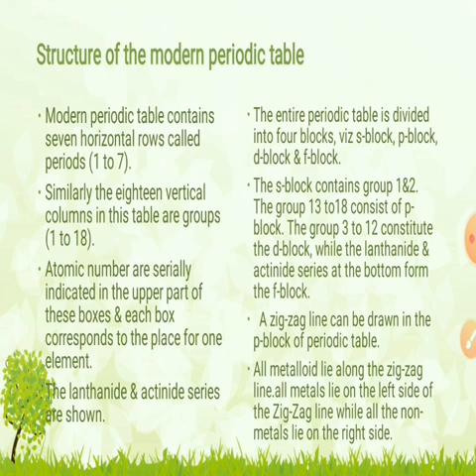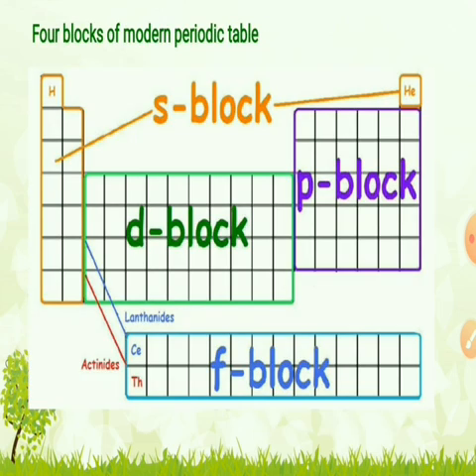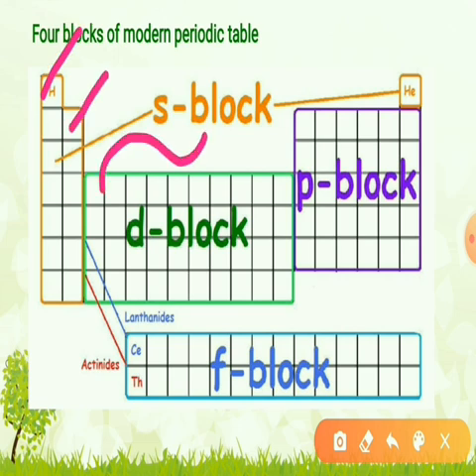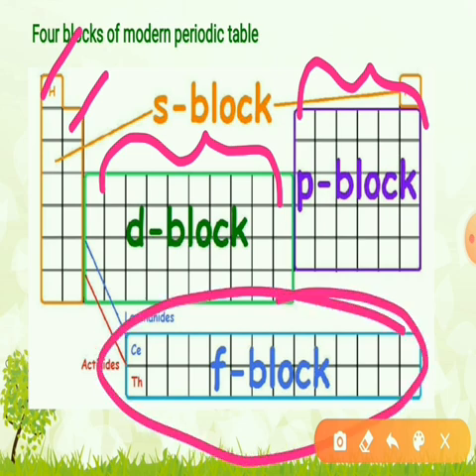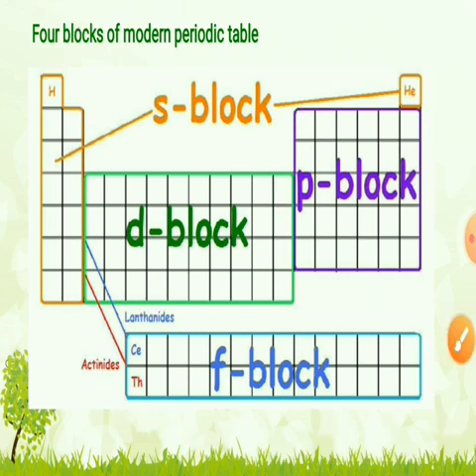Groups 3 to 12 constitute the D block, while the lanthanide and actinide series at the bottom form the F block. See, here you can see 1, 2, this is 3 to 12, this is 13 to 18, and these at the bottom are the actinide and lanthanide series.